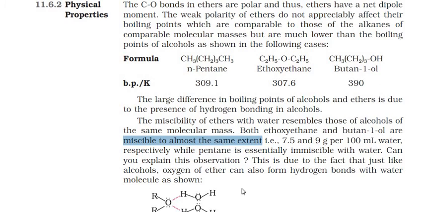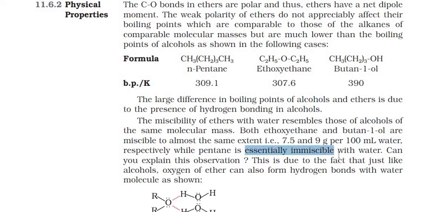That means if you are taking butan-1-ol and ethoxyethane in separate beakers, let's say 7.5 gram and 9 gram per 100 ml of water, they will show almost the same miscibility, the same solubility. Well, when you talk about alkane, it is essentially immiscible.